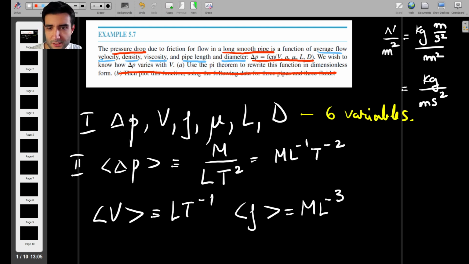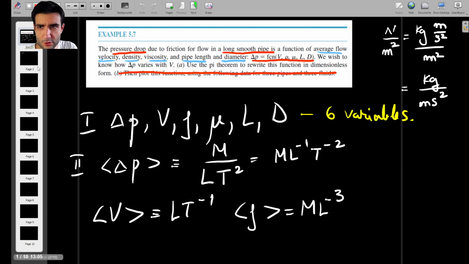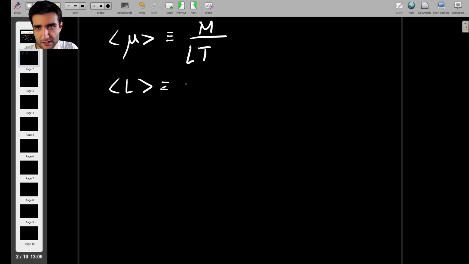Kilograms per meter cubed, basically. And then we have 3 more. So we've got mu, viscosity. This normally is kilograms per meter second. So kilograms is mass, meter second is length, time, like this. Then length is length, okay? And then diameter is also length.